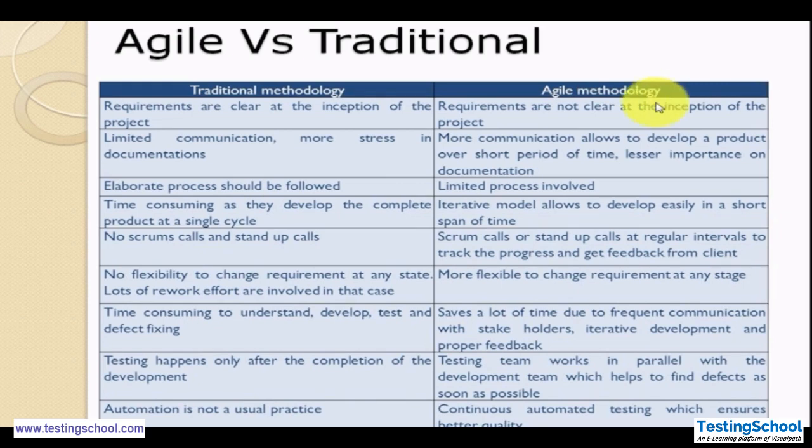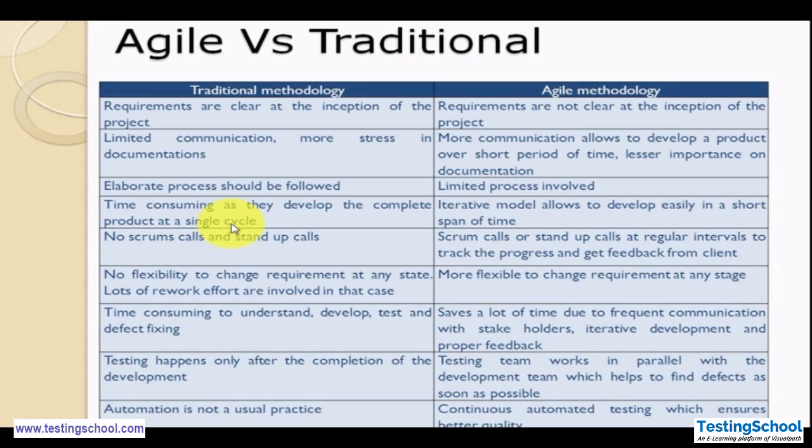The fourth difference between agile and traditional is time consumption, as they develop the complete product in a single cycle. So your cycle could be more time taking because it starts from the requirement gathering till the testing completes. So your testing and development take more time.